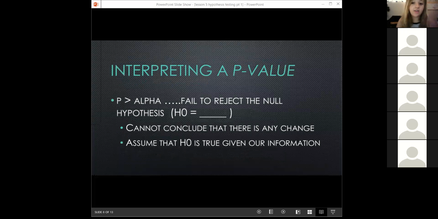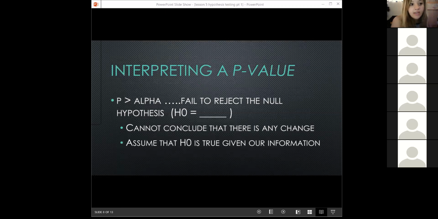All right, so if our p-value is greater than alpha, boo, we don't want this, but it happens. You'll see it often. That means we're going to fail to reject our null. So it's not necessarily boo. It just means we didn't find anything exciting, because with the assumption that the null is true, if we fail to reject it, all the results we found didn't really tell us otherwise.